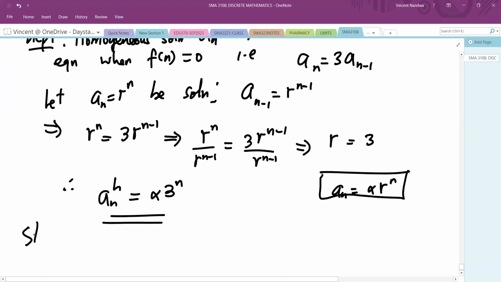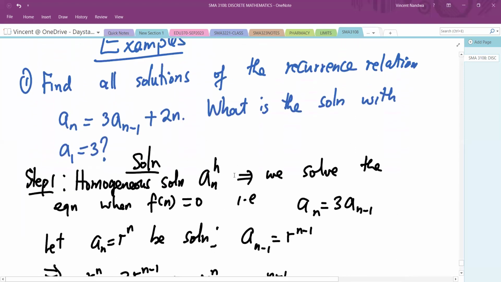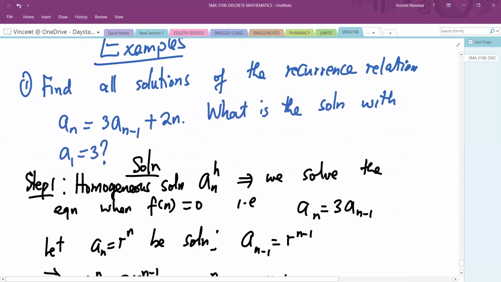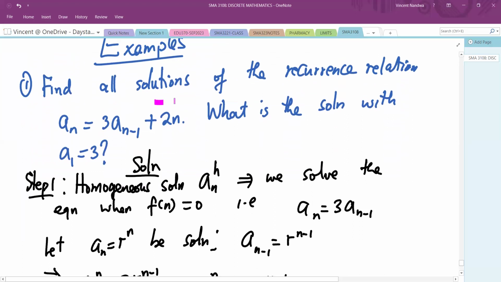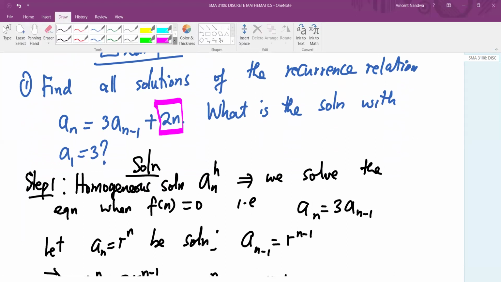Then step 2, find the particular solution. So remember our f of n function is 2n, and 2n is simply a linear function in n.